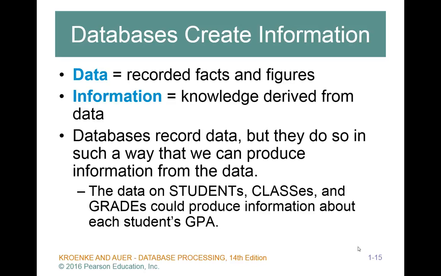Databases record data, but they do so in such a way that you can produce information from the data. Again, with the examples we used, if we had a student, class, and grade table, we can produce information about a student's GPA, or grade point average. We can answer those types of questions. This is the most important concept to understand: databases create information. They don't just record facts and figures.